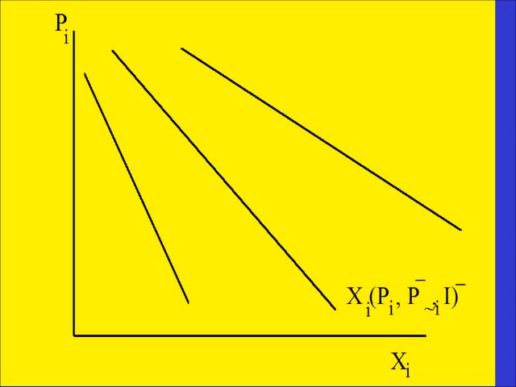If I add up the horizontal distance between the first demand curve and the second demand curve, I'll come up to this point right here on the third demand curve. Now we can think of this summation of these horizontal distances of two demand curves as the market demand curve.